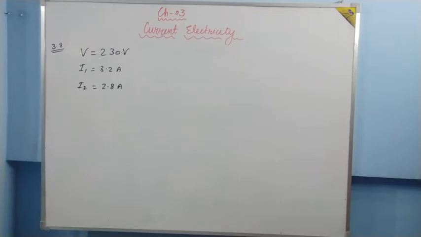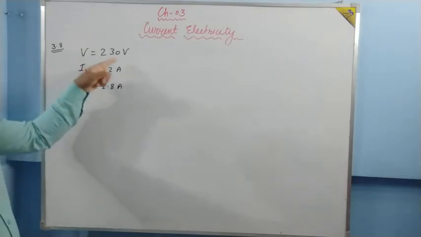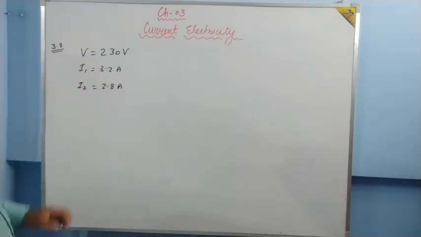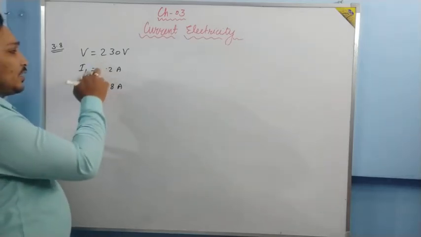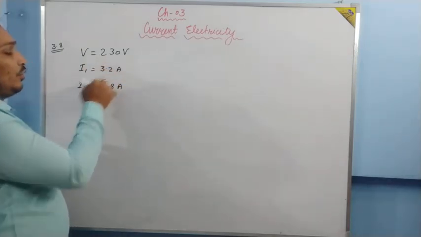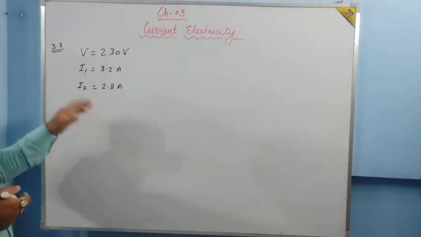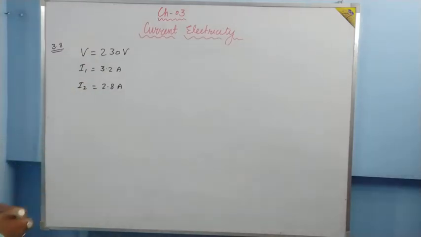Okay. What does the question mean? A nichrome wire is there. When the supply just started, 230 volts is applied across the ends of the wire. When current starts flowing in the wire, it was 3.2 ampere. But after a few seconds, the current comes down and settles to 2.8 ampere.